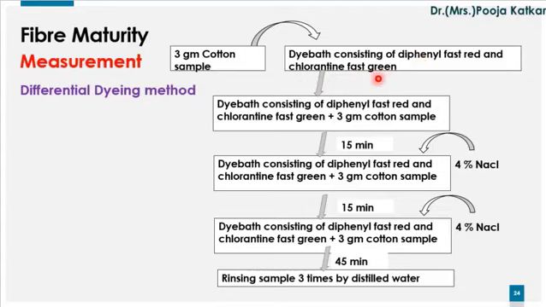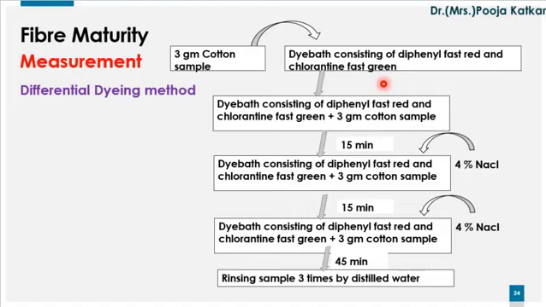These 2 dyes differ in terms of diffusion rate and washing out rate. The red color dye will have high diffusion and high washing out rate, while the green color will have low diffusion rate and low washing out rate. Because of these 2 properties of the dyes, the behavior of these 2 dyes will be different towards mature and immature fibers.